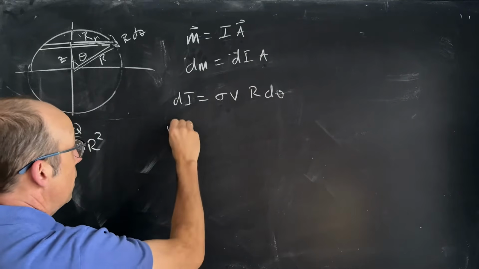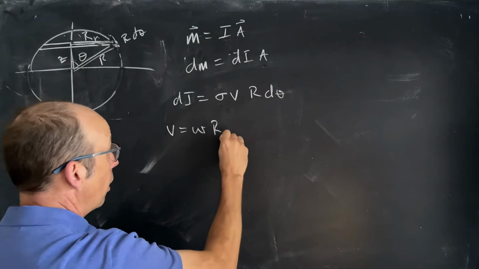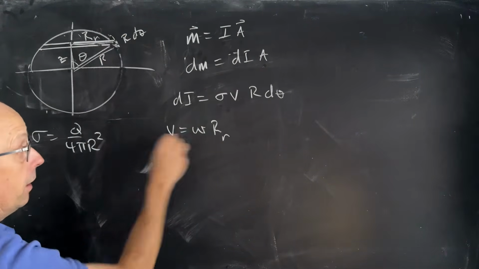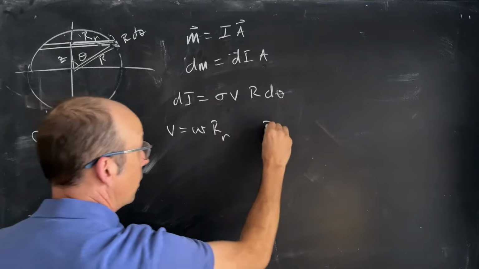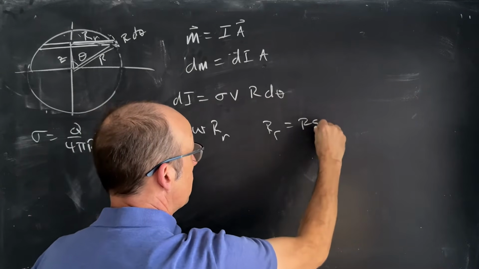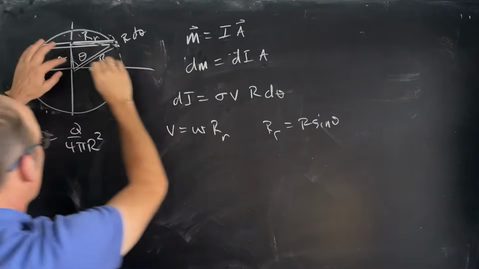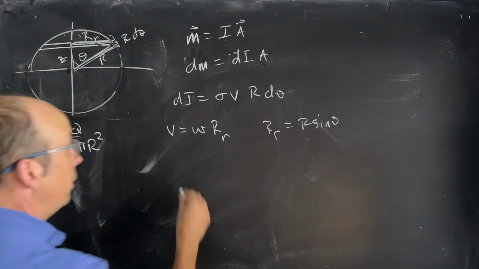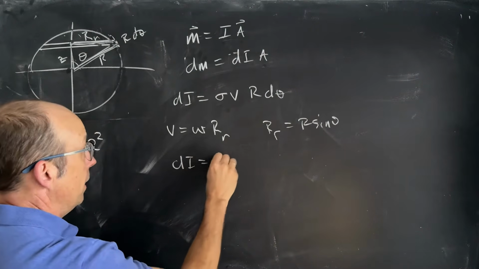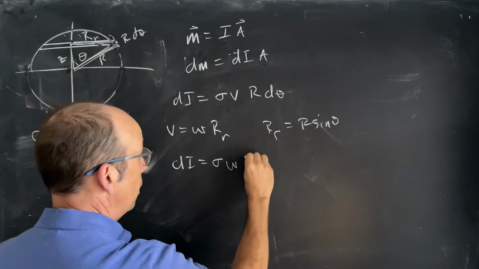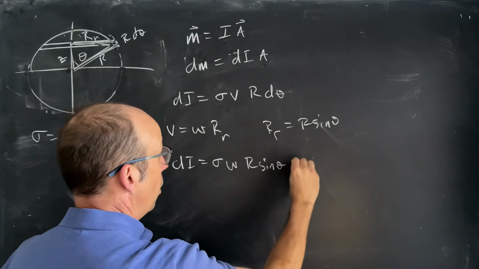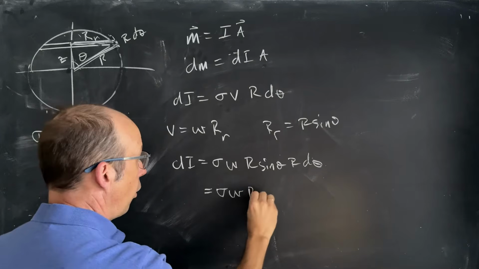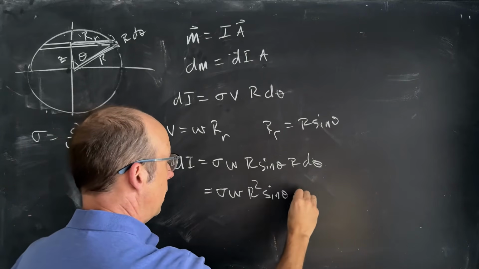So v is omega times the radius of the particular loop that I'm in. So that radius is going to be r sine theta, right? So here's my right triangle. If that's r, then that's going to be r sine theta. So if I plug that in, I get di is sigma omega r sine theta r d theta. So we can write that as sigma omega r squared sine theta d theta.